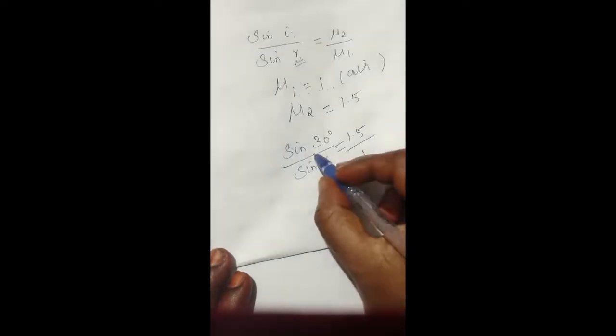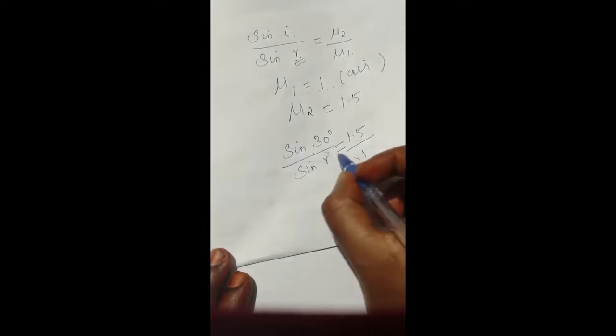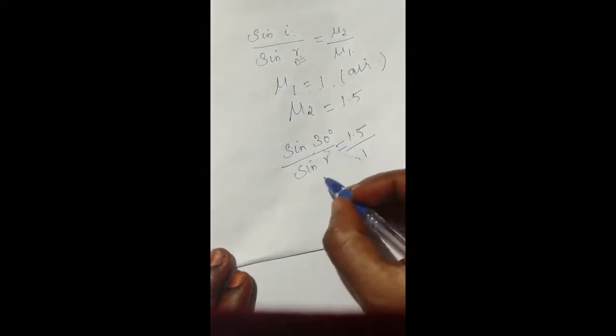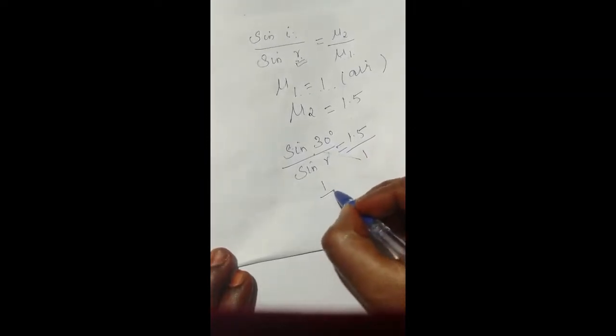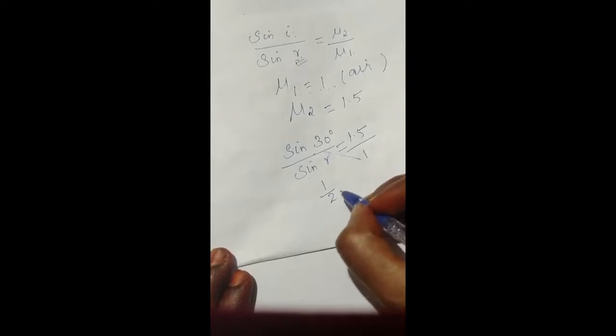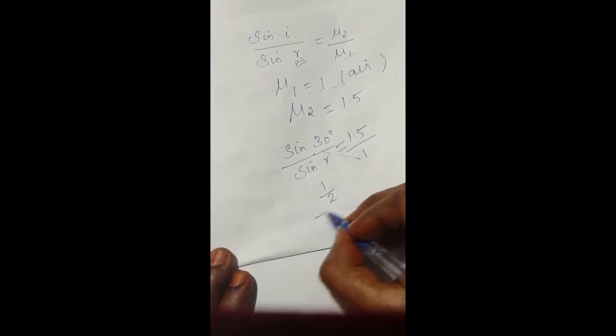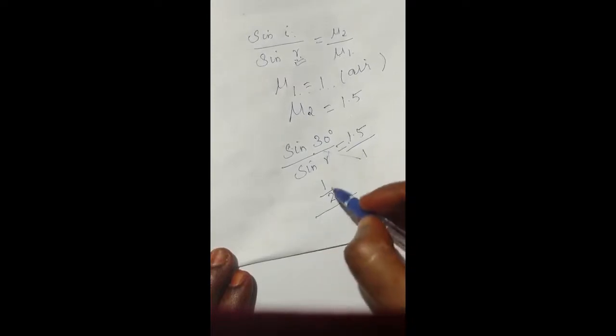Okay, 1 into sin 30, just cross multiply it, 1 into sin 30 degree. So sin 30 degree value, you all know that 1 by 2, the whole divided by this 1.5, just take in the denominator, 1.5 is equal to sin R.